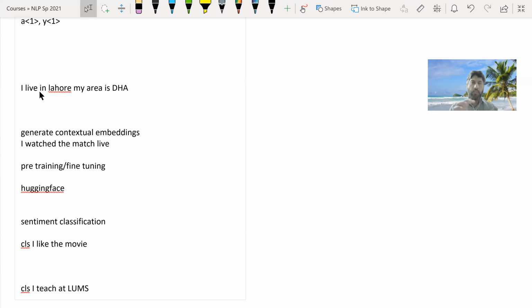It's a representation for I teach at LUMS. So this CLS would then become like a sentence embedding, a representation for the sentence. Of course, this representation can then be further squashed through an output layer to make a prediction, like we did for sentiment classification.